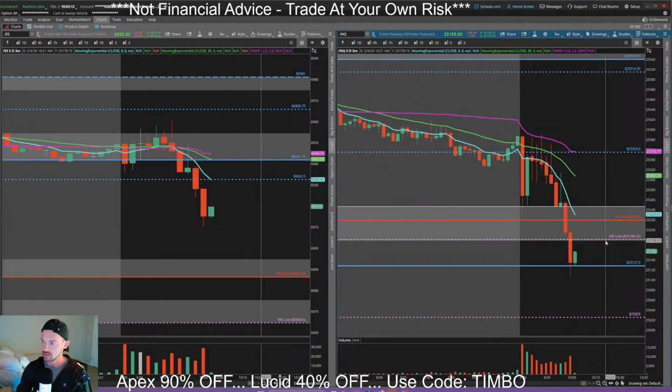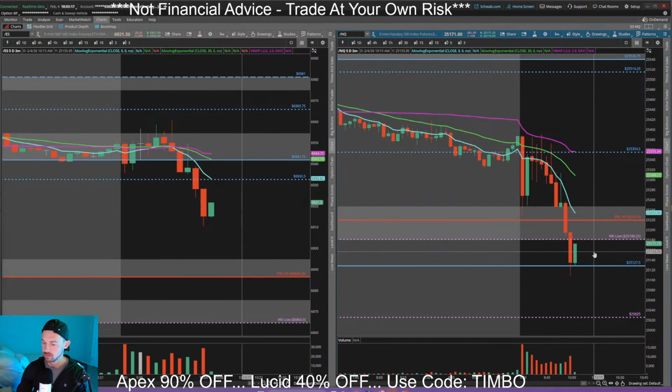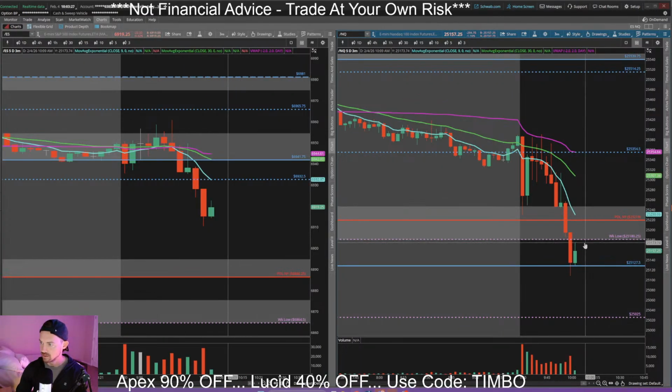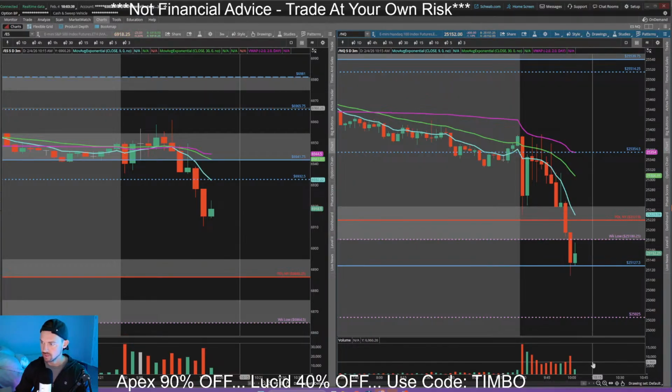All right, little bounce here. If you call little a 30-point bounce. I mean, it looks little on this move. All right, NQ coming back up to test that weekly low area. As long as we can hold underneath these levels, I think we got more downside coming. That might be the little retest right there.